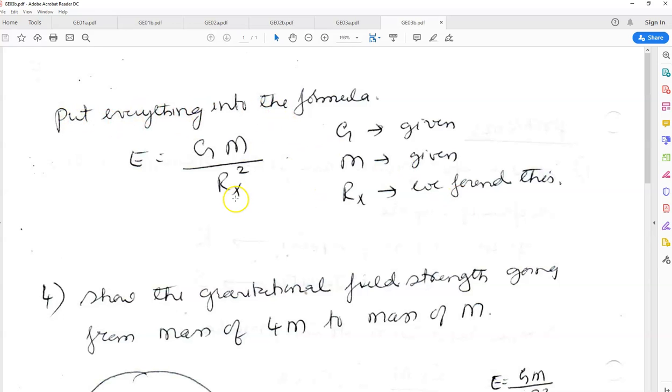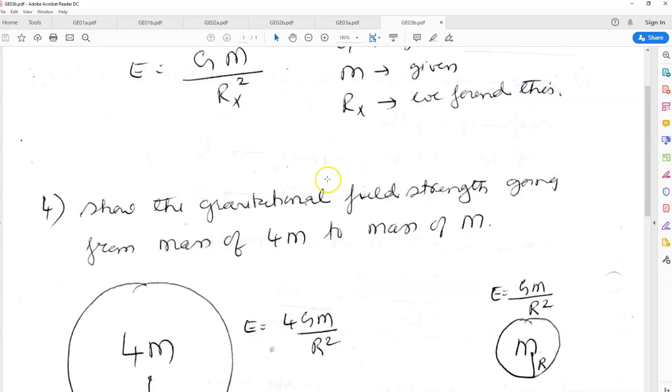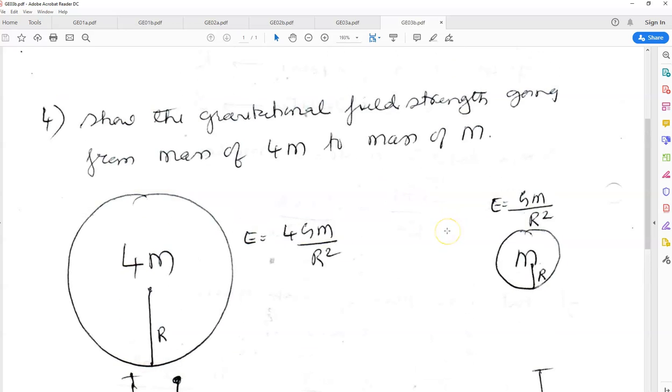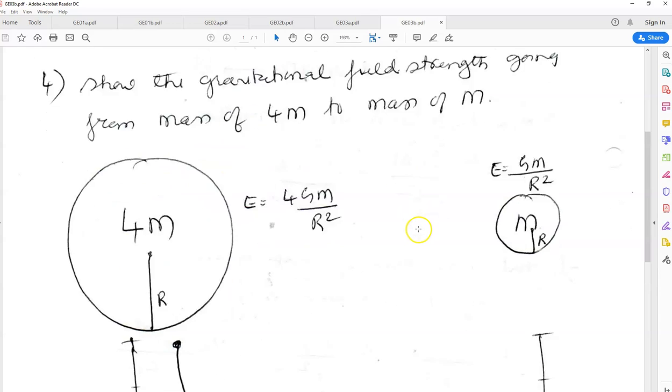So put everything in this formula, you can find the value of the gravitational field. Next problem is about showing the gravitational field strength going from the mass 4m to the mass m. This is like we already seen before, like going from the Earth to the Moon.